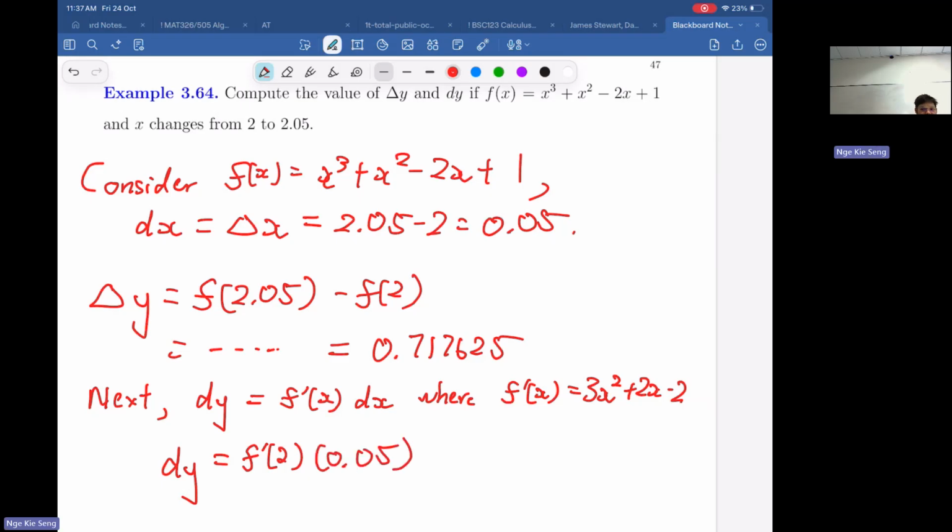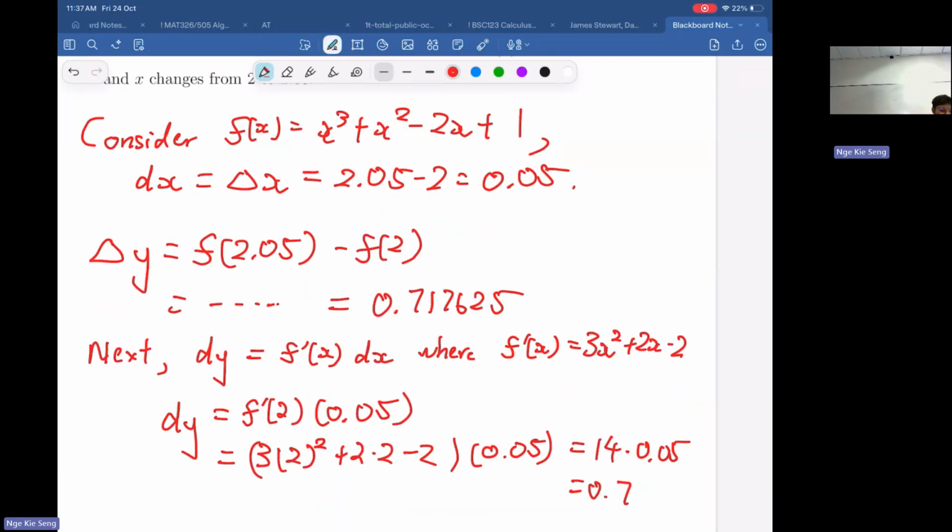Then dx is 0.05 in our case. So if you put all things together, (3 times 2 squared plus 2 times 2 minus 2) times 0.05, this is 14 times 0.05, which is 0.7. So what can you see here?